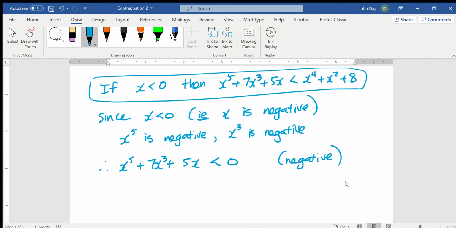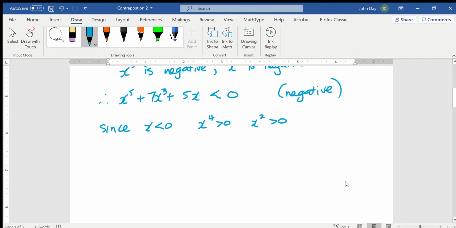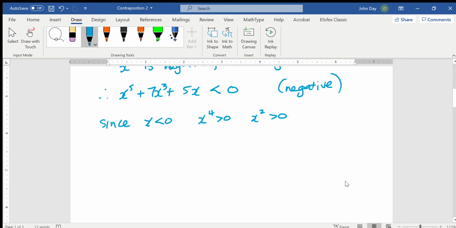And anything powered up to an even power is positive. So since x is less than 0, x^4 is bigger than 0, x^2 is bigger than 0, and of course 8 is bigger than 0. Now, it wouldn't matter whether x is less than 0 or bigger than 0, but if it was equal to 0, we wouldn't be able to say it was.